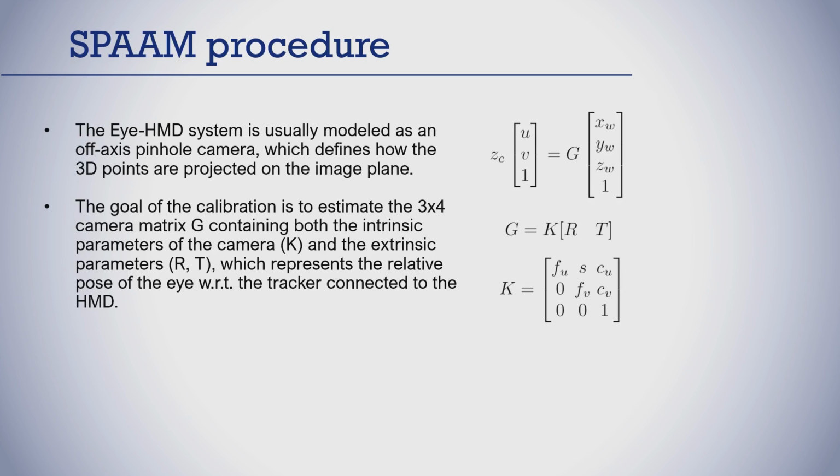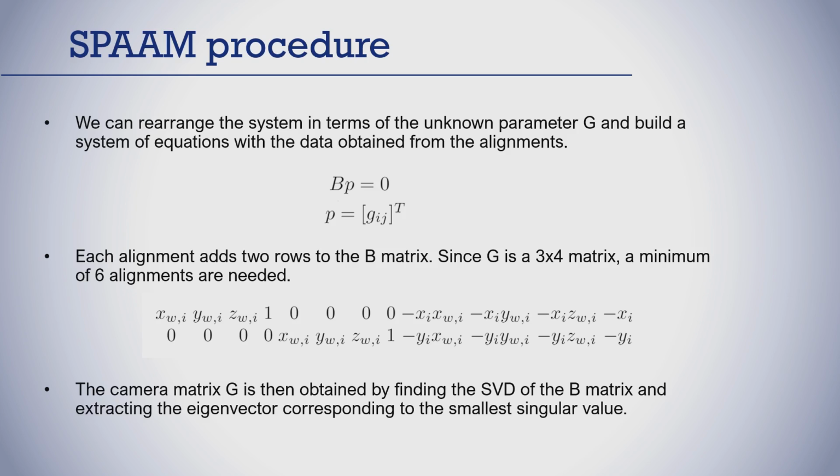We can rearrange that model to make the unknown parameters explicit and obtain this system of equations. The B matrix is constructed with the data that we obtain while collecting the alignments with the crosshairs. So every time we align one cross, two of those lines are added to the B matrix.